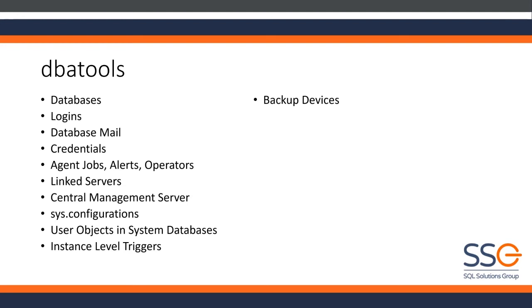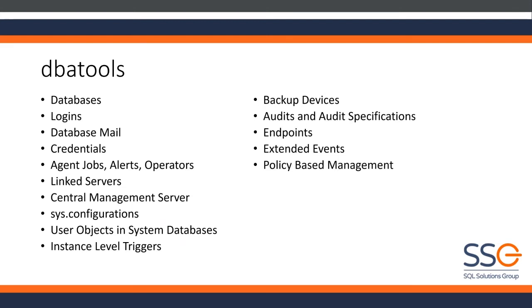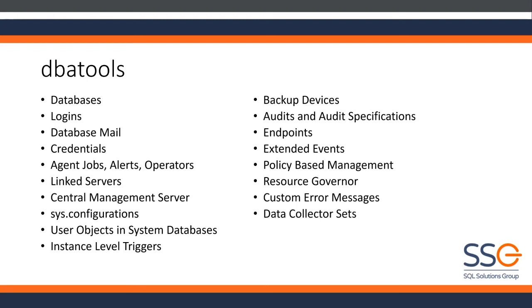This is pretty darn legacy. Not a lot of people are using defined devices anymore, but if you are using them, it will grab them. Audits, audit specifications, endpoints, extended events, policy-based management, Resource Governor. If you're using any custom error messages that you've added, data collection sets, startup procedures. It's a pretty exhaustive list of the things that you're going to need.